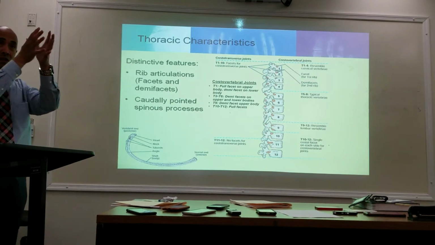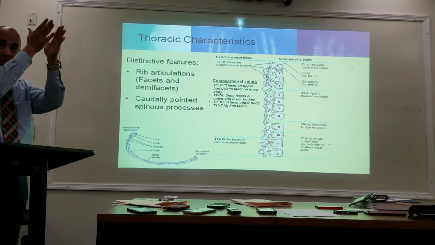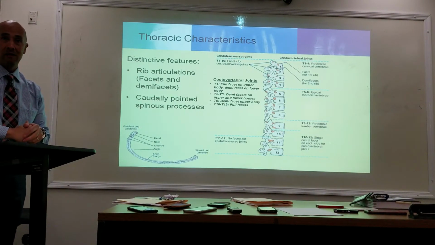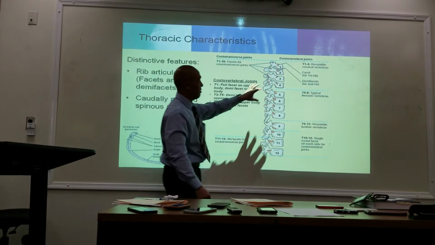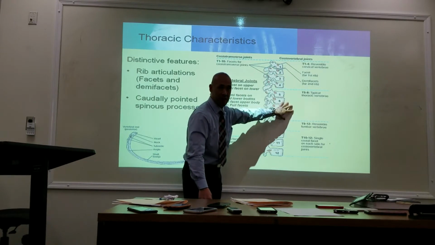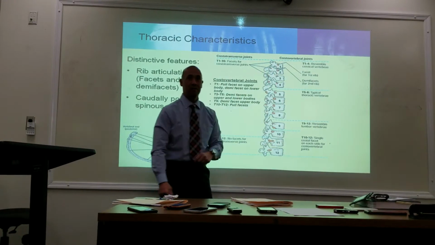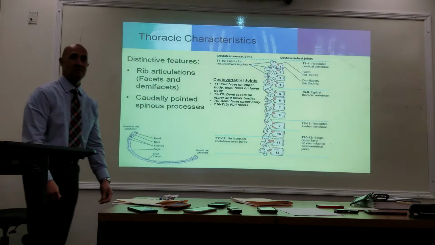So it starts to increase in diameter as it makes its way downward as well. Now why were you saying they look alike? They don't look alike, because this is typical cervical, this is typical thoracic, and this is typical lumbar. So they don't look alike.